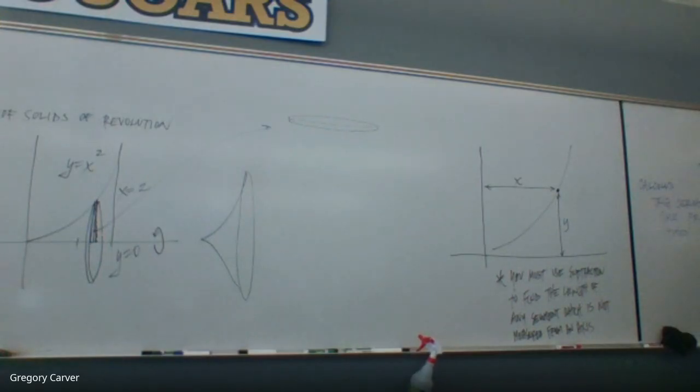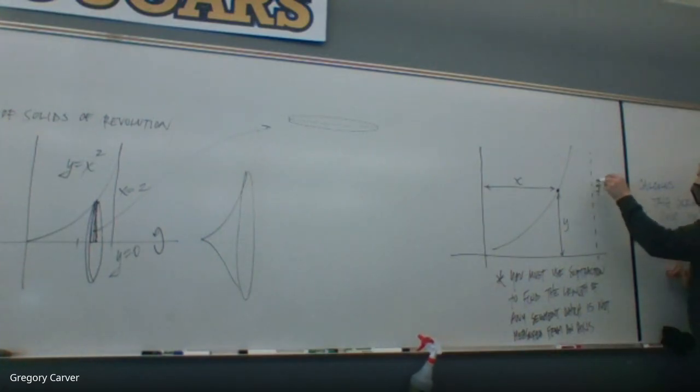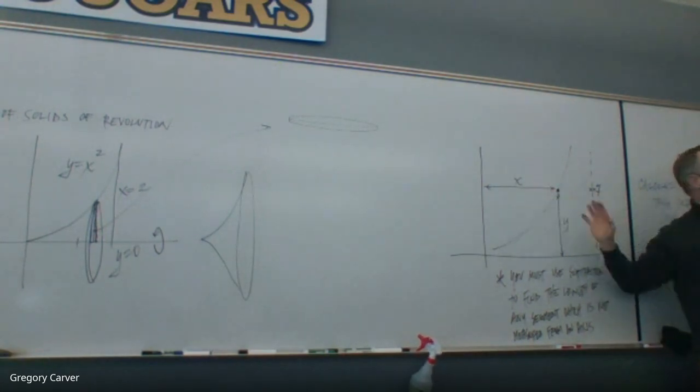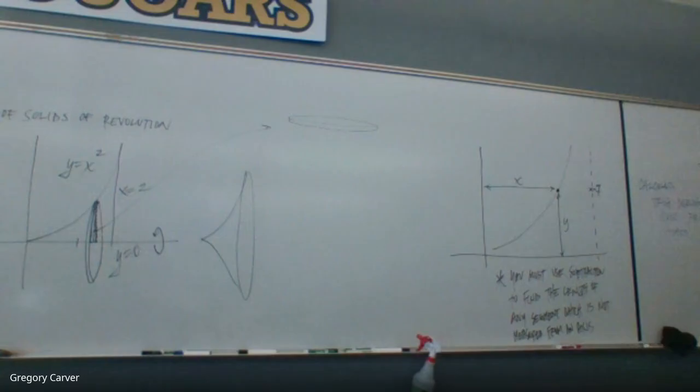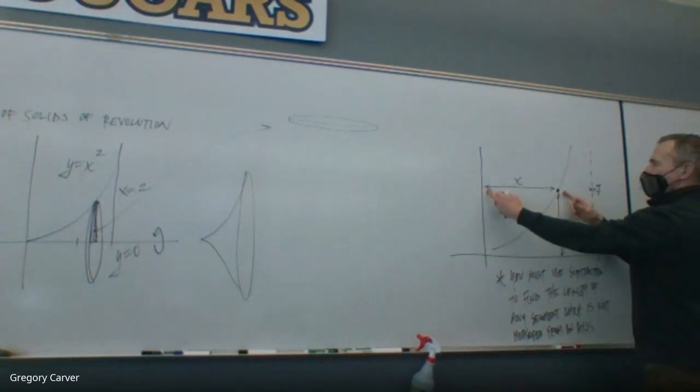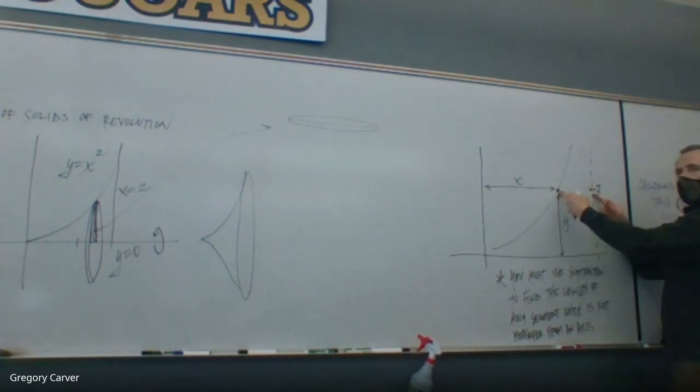So let me show you what I mean. Like for instance, let's say this is f of x, right? And over here, this line is like x equals 7. We're assuming this is to the left of 7, right? Then if this is x, what is this?